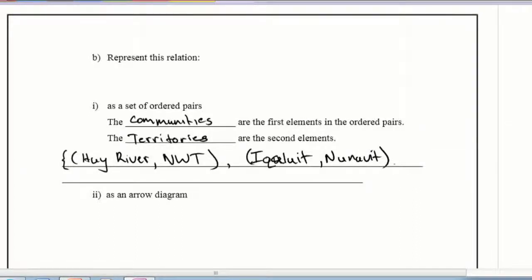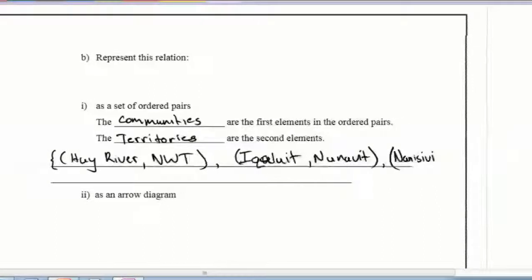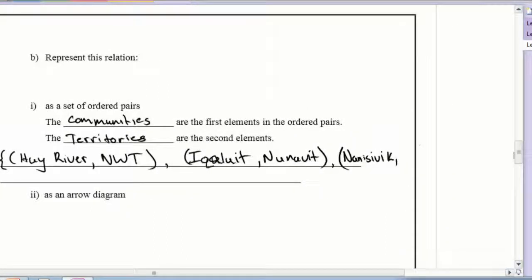Close that bracket. Try to fit one more on this line. The next one is, I'm not even going to attempt to pronounce this. Maybe I should. Nanisivik. We'll go with that. And that is in Nunavut as well.